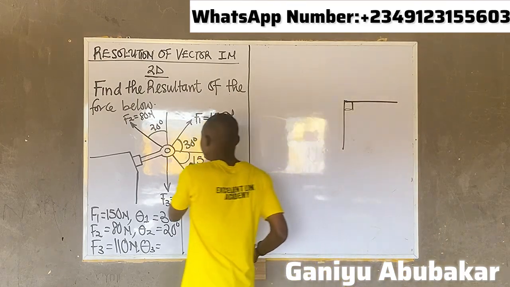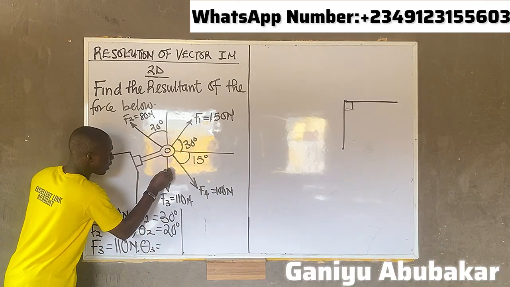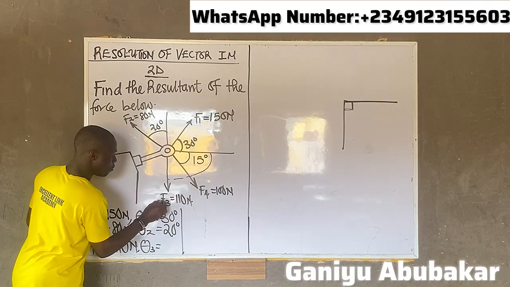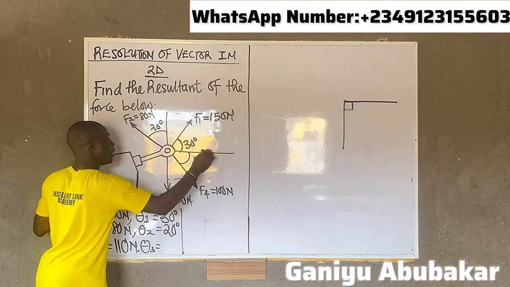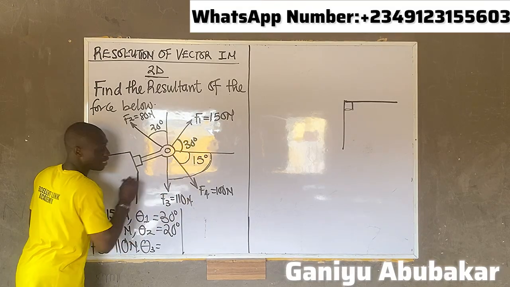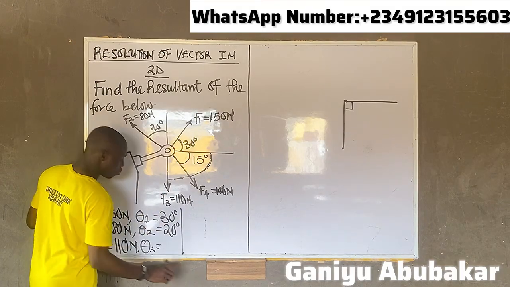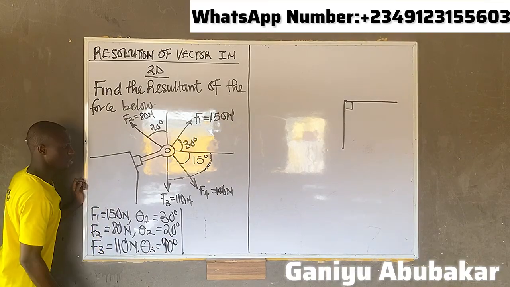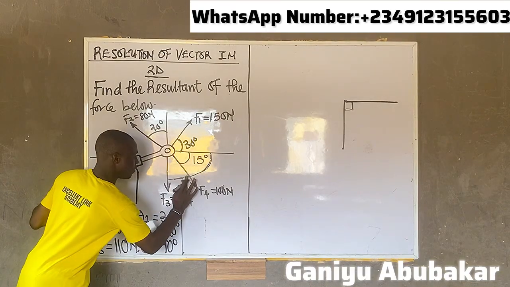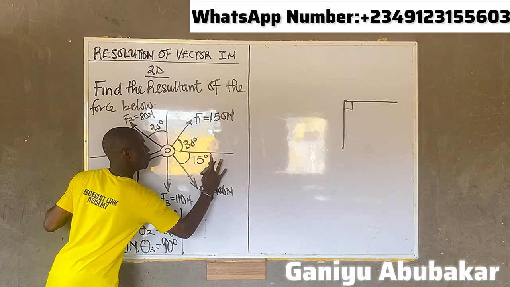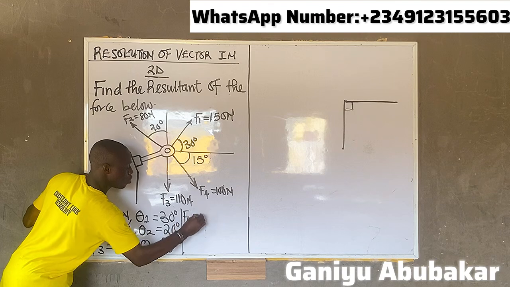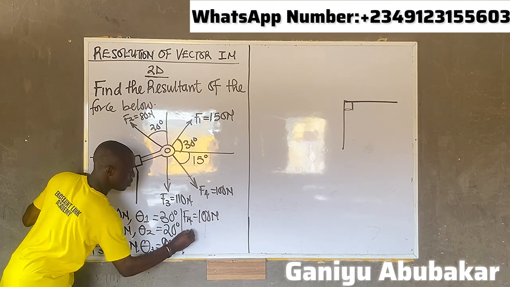So the total angle from this part to the horizontal for F3 is 90 degrees.